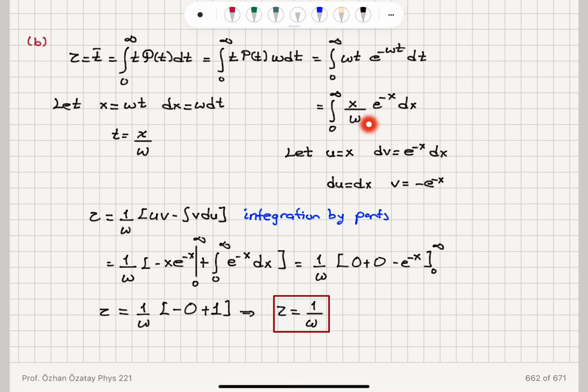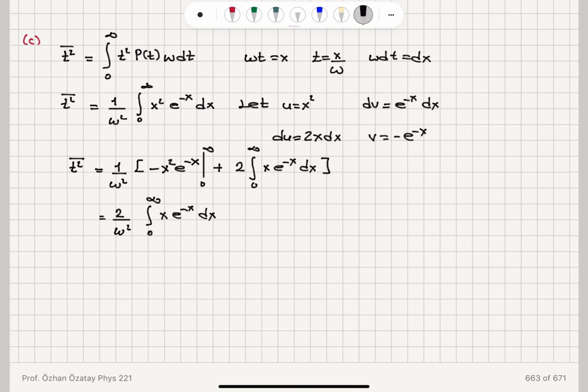This was shown to be equal to 1 in part B. Therefore, I can see that t square bar is equal to 2 over omega square, which is 2 times tau square.